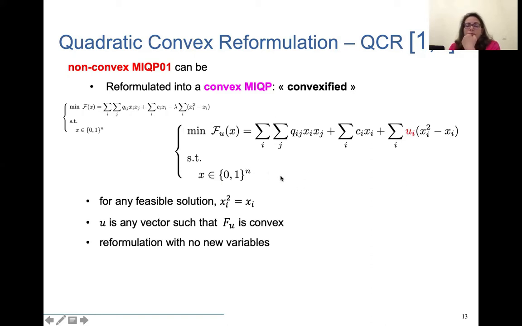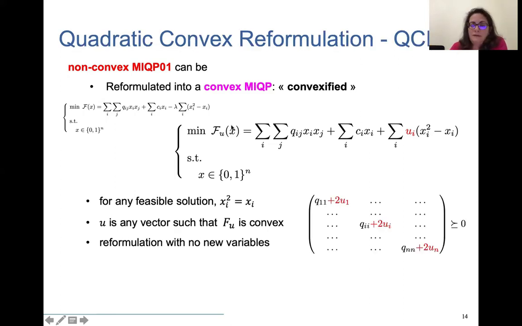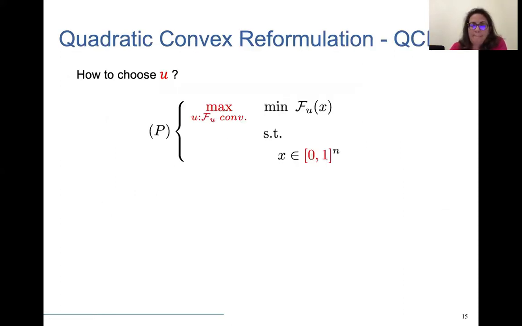Your concern now is to get such vectors u making the function convex, and this is your first concern. The second one is to make the continuous relaxation bound as tight as possible.